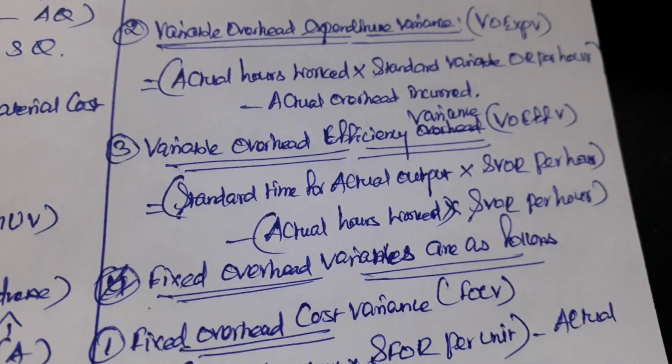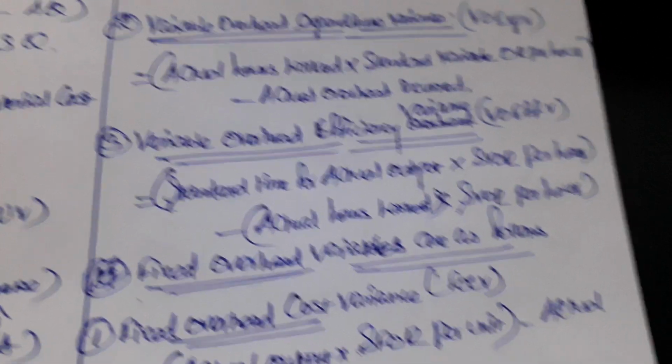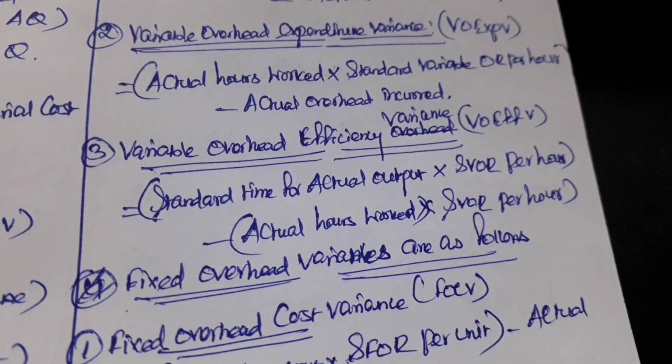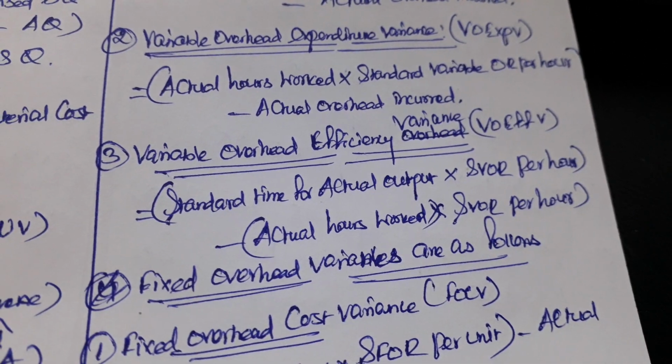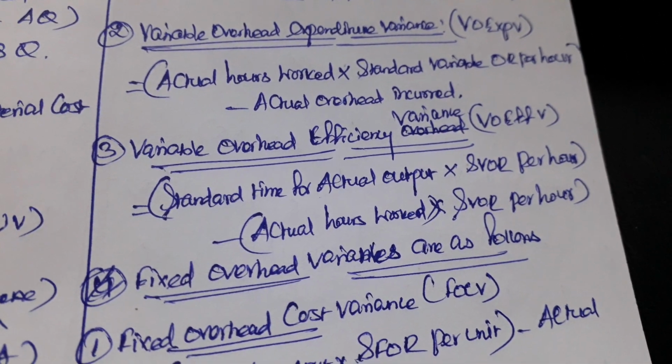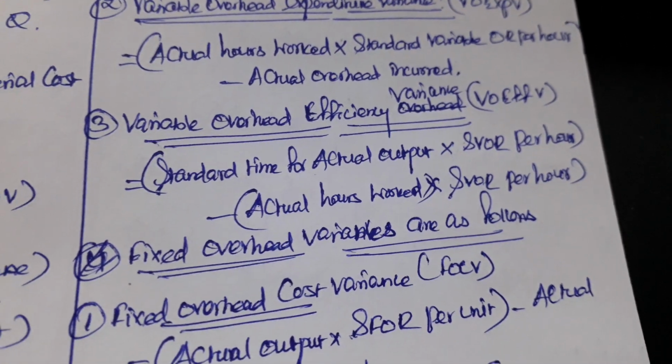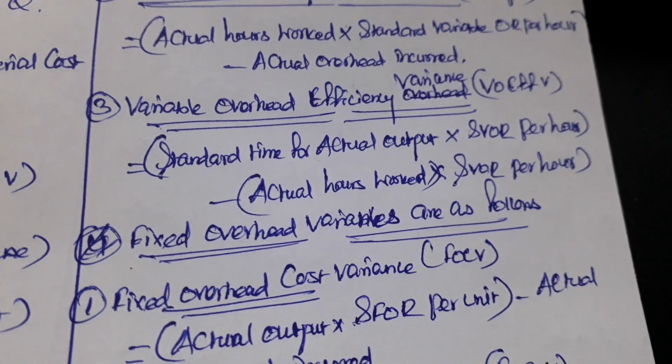Next is variable overhead efficiency variance: standard time for actual output into standard variable overhead rate per hour minus actual hours worked into the standard variable overhead rate per hour.